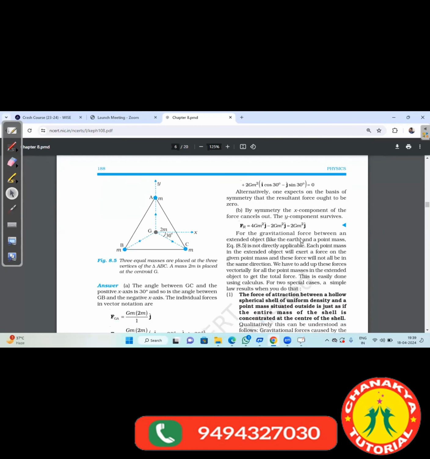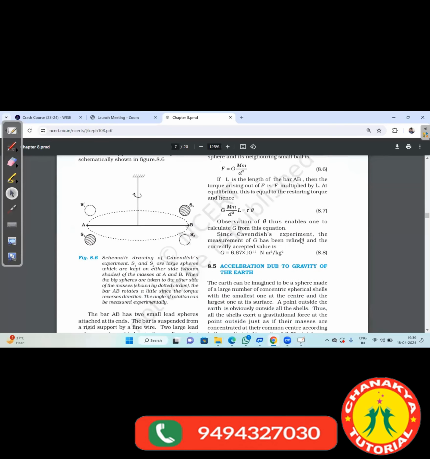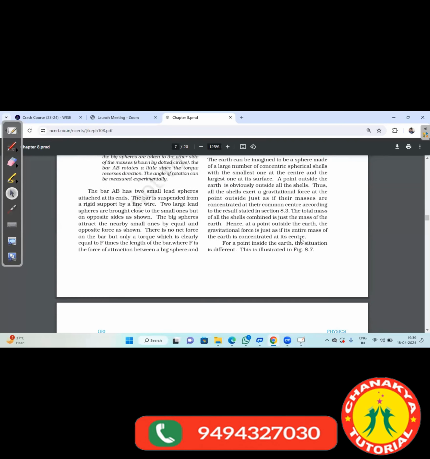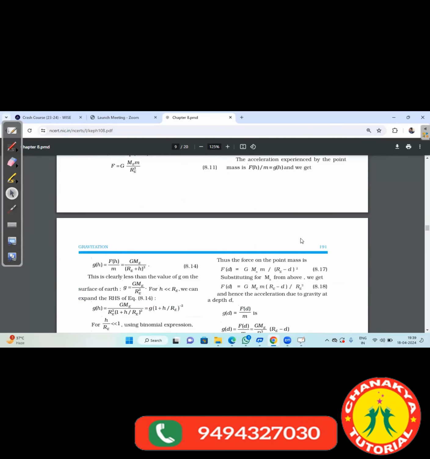All this we have done. Variation of acceleration due to gravity we have done. Gravitational potential energy has also been done.